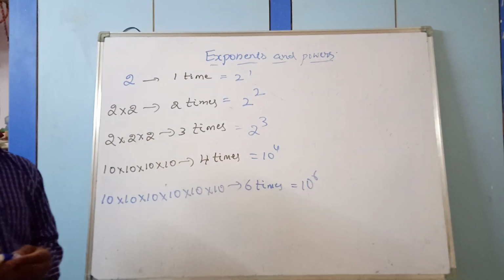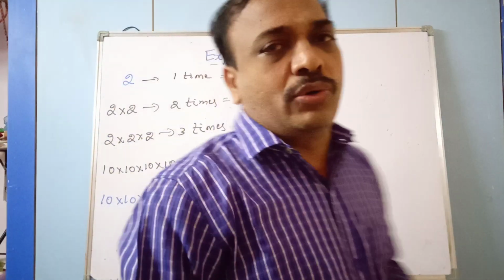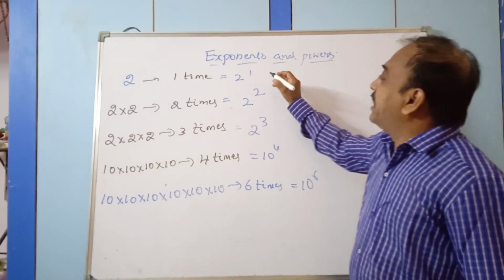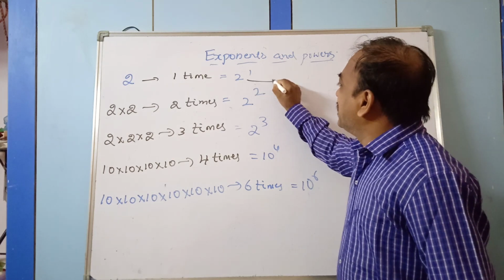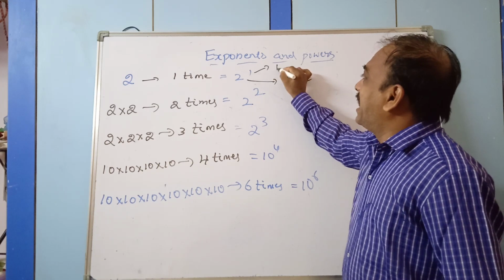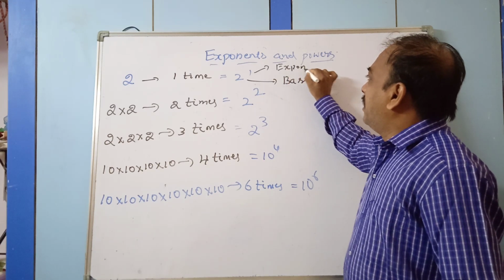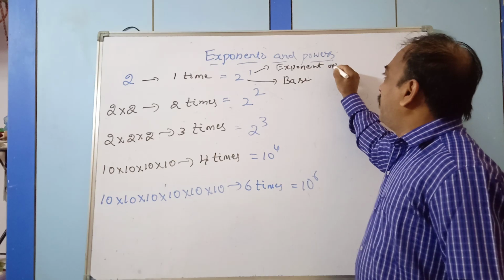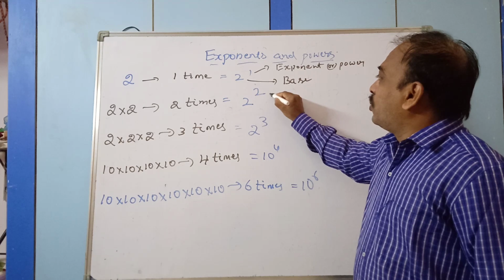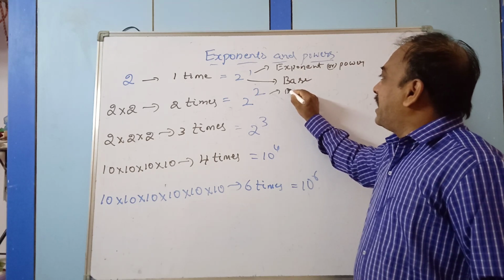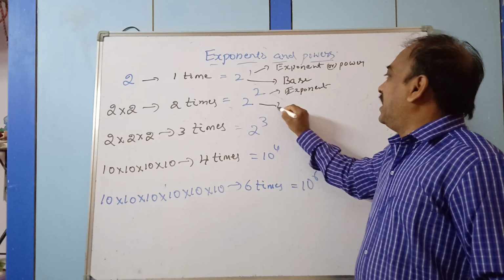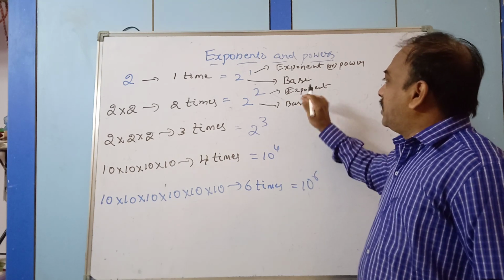In all of these, 10 power 6, 10 power 4, 2 power 2, 2 power 3, we have specific terms. This is called the base. And this is called the exponent, or you can say power. Exponent or power, and this is the base.